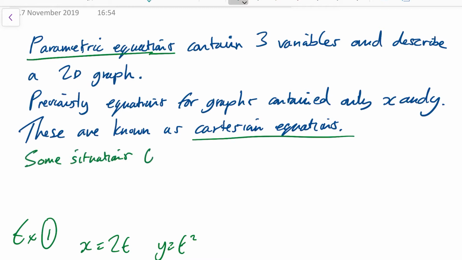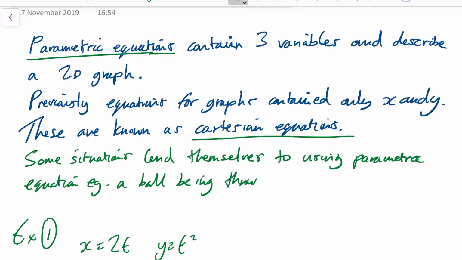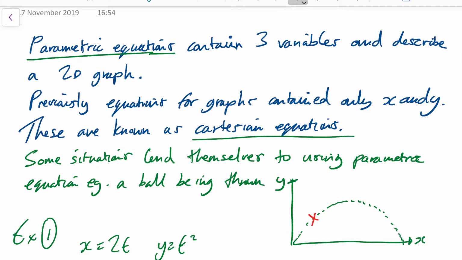Well, so some situations lend themselves to using parametric equations, for instance a ball being thrown. So actually if you have a look at maybe how a ball would be thrown, well, it would take a path through the air like so. We could call the height of this ball y, how far along the ground it is x, but actually at each different point on the graph, you could also have, for instance, a time.